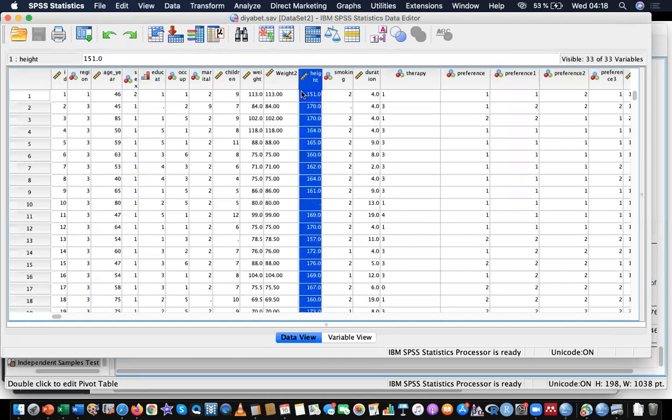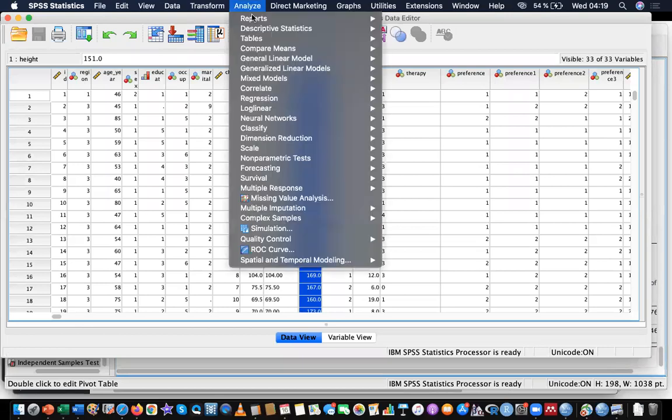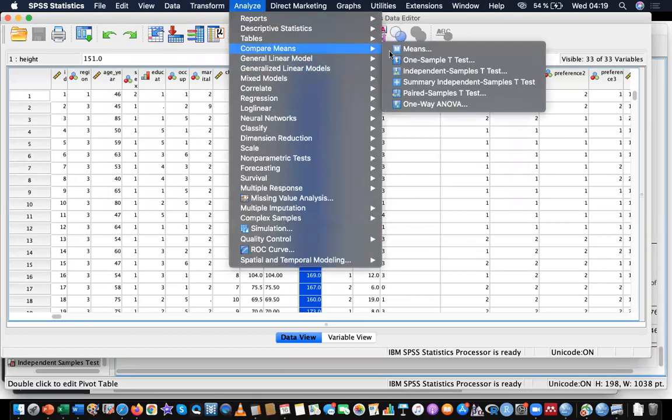And I want to see the height. Is the height increasing by education? This is not a logical hypothesis, sorry for that. But I want to check whether height is different between the education categories. So the test I have to conduct is the one-way ANOVA.